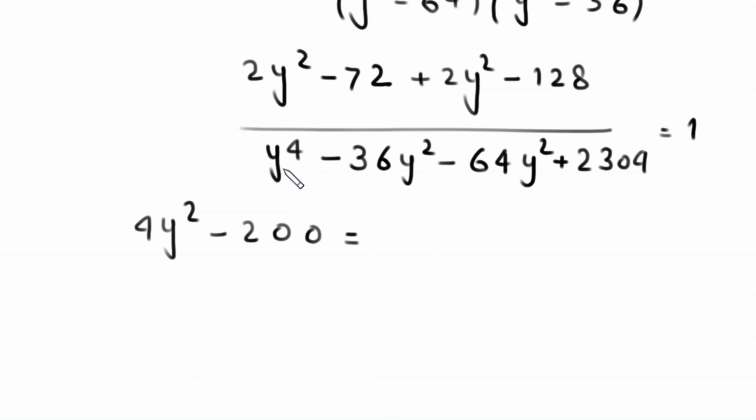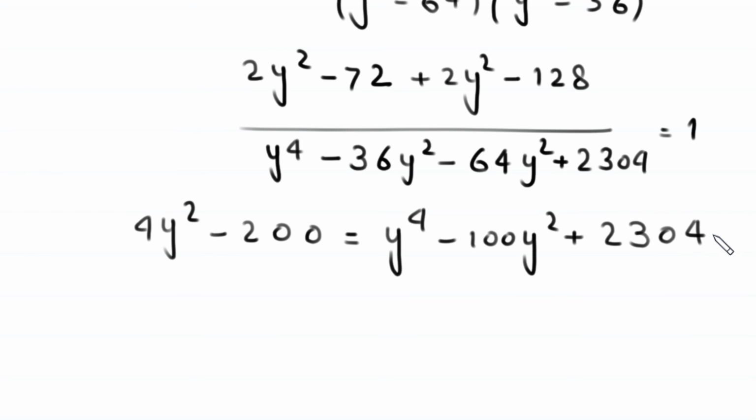So we write this y to the power 4 first. Y to the power 4, negative 36y squared and negative 64y squared will become negative 100y squared plus 2304. Now we subtract 4y squared and add 200 to both sides.